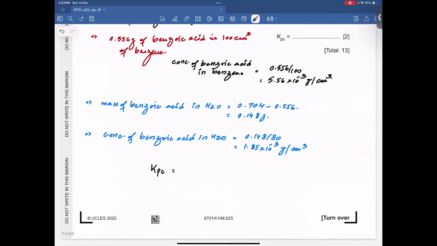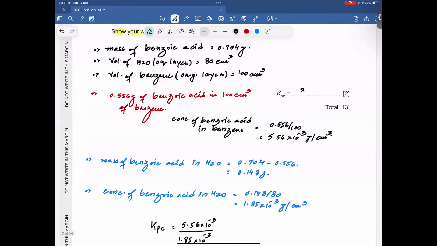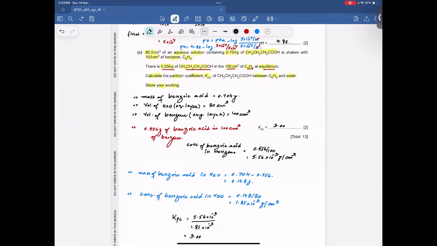So 5.56 into 10 to the power minus 3 divided by 1.85 into 10 to the power minus 3. So it's going to be exactly 3.00. So the value of KPC here is going to be 3.00. All right. So that's the end of this question.